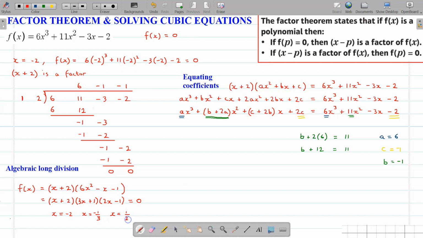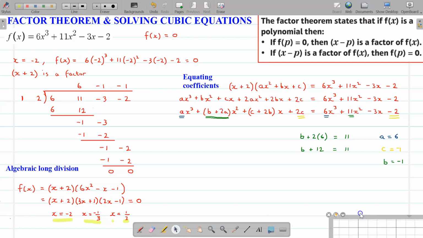So basically for a product of 3 brackets to equal 0, any one of those brackets needs to be 0 to cause the whole thing to be 0. And those are the 3 values of x that make that happen. So those are the 3 roots or solutions to the equation 6x cubed plus 11x squared minus 3x minus 2 equals 0.